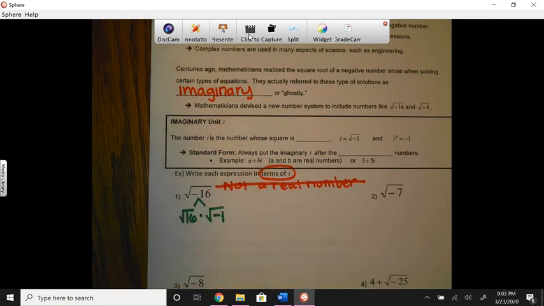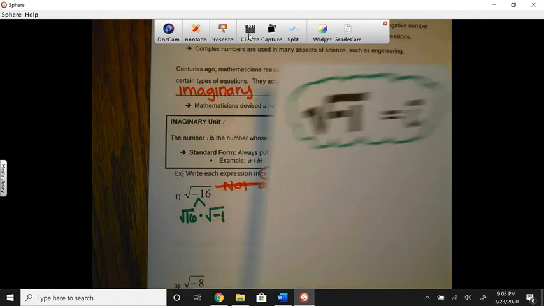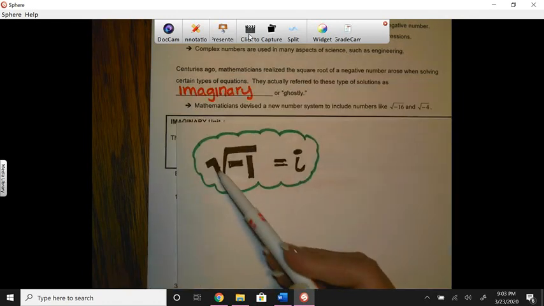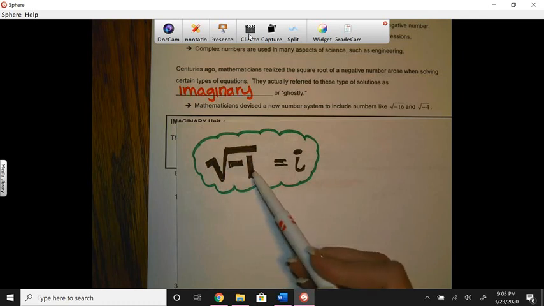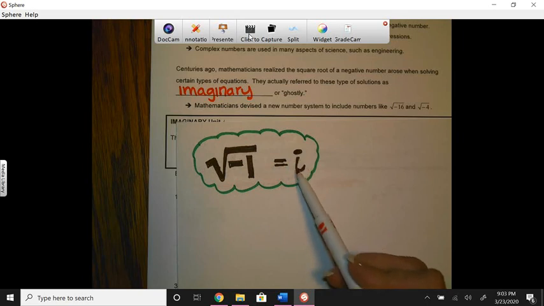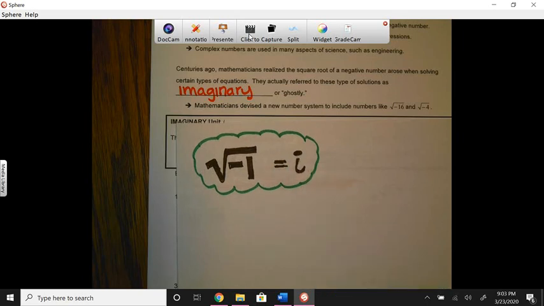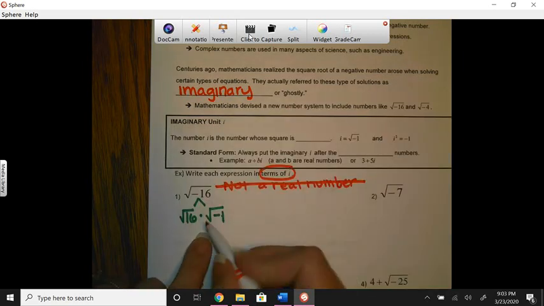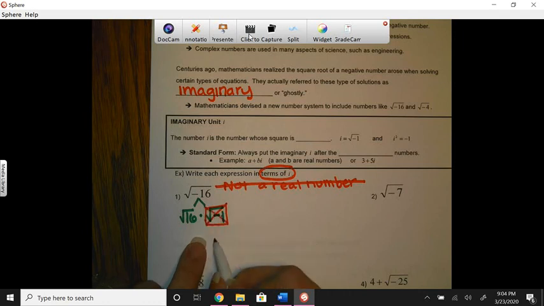And then, to represent that this was not a real number and to use the complex number system, whenever we have the square root of negative 1, we're going to replace it and substitute it with the letter I. So again, if you watch those videos, it will explain more why we do this. So we're going to substitute. Instead, we are going to remove this and put an I there.